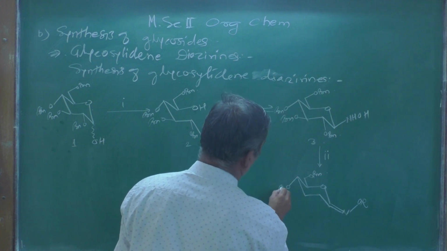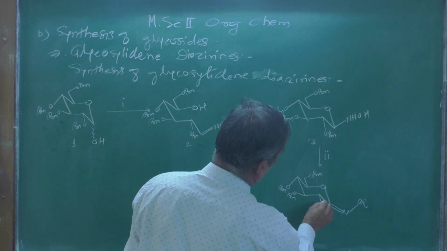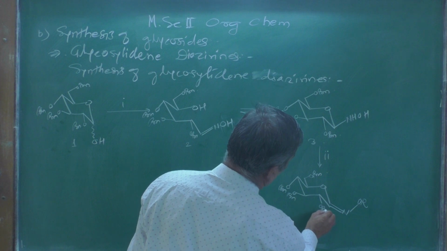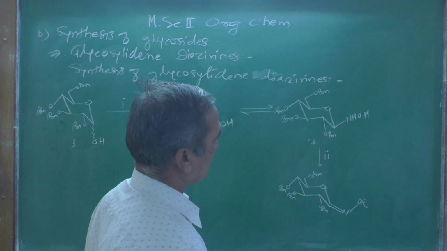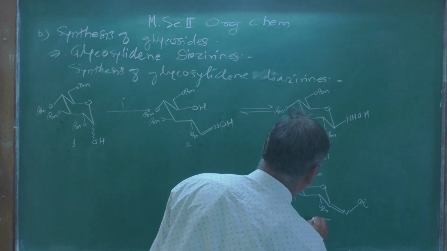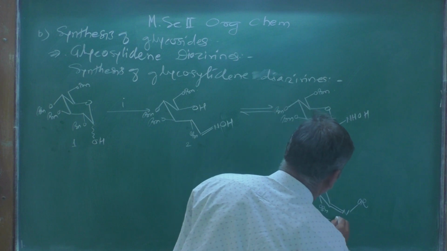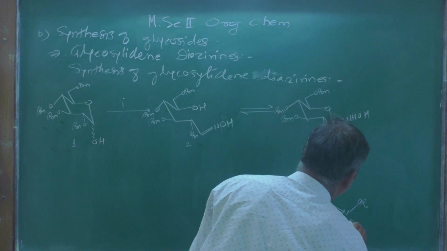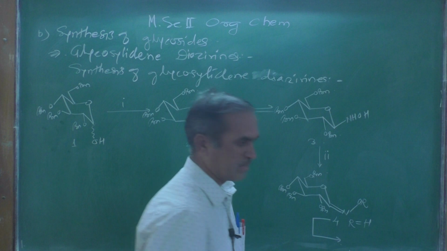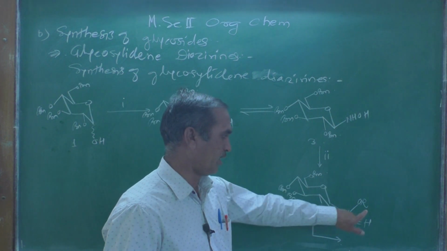And the other groups we can show as they are. Here OBn, then OBn at this position, OBn, and this structure is what I am showing. This is structure number 4 when R is equal to H. Remember, observe this structure carefully.